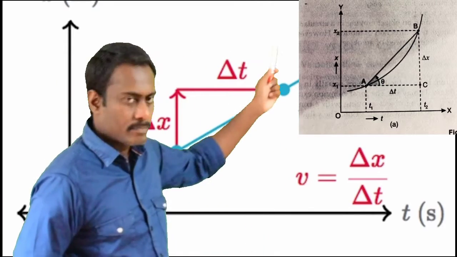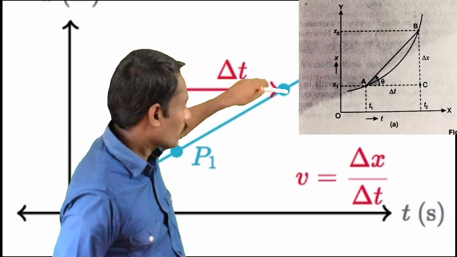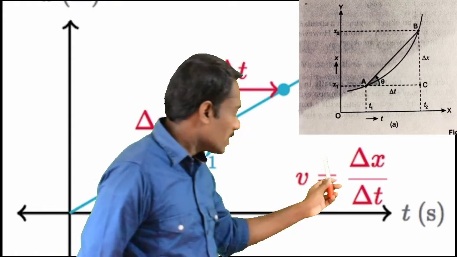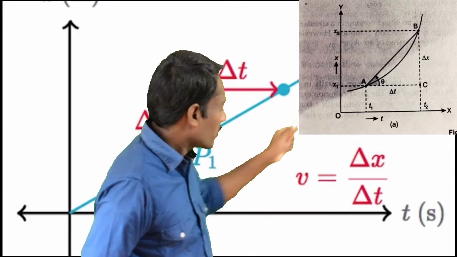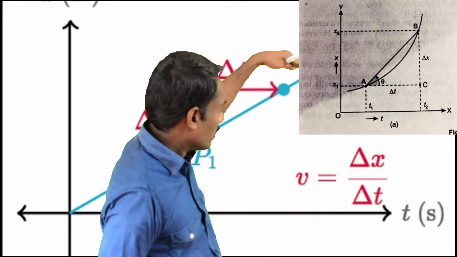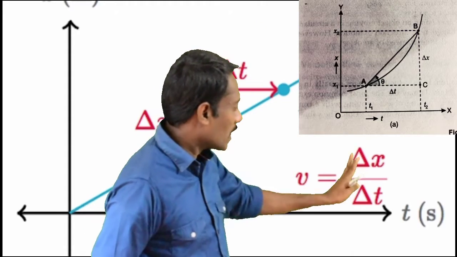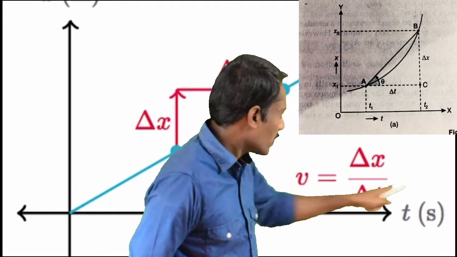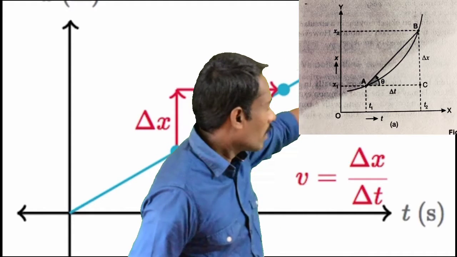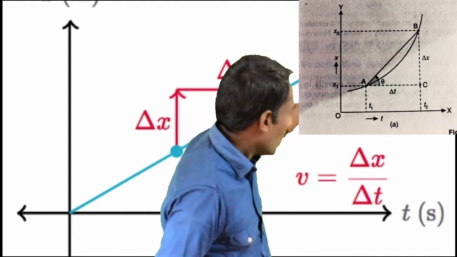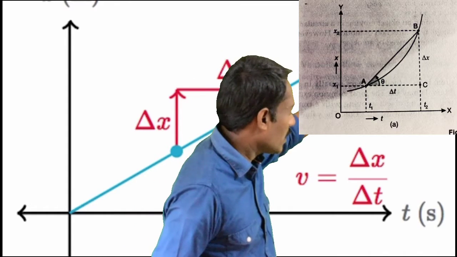Here we can see the positions of the object x1 and x2, that is the change in position, and the change in time t1 and t2. If we connect these points, we see a slope, and this slope subtends an angle theta, which is measured in the anti-clockwise direction.